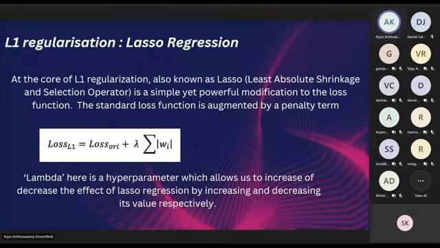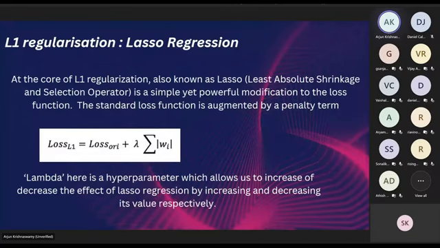So how does it increase or decrease the effect? Suppose you increase the value of lambda, suppose you make this 100 or 1000, then this overall loss value will become high. So then what happens is, to make that low, these weights become very low. So if you make this high, this should become very low. By making them low, we are increasing the effect of regularization.